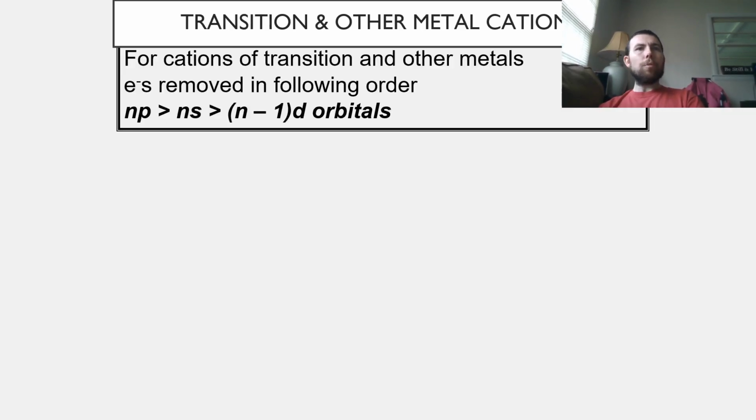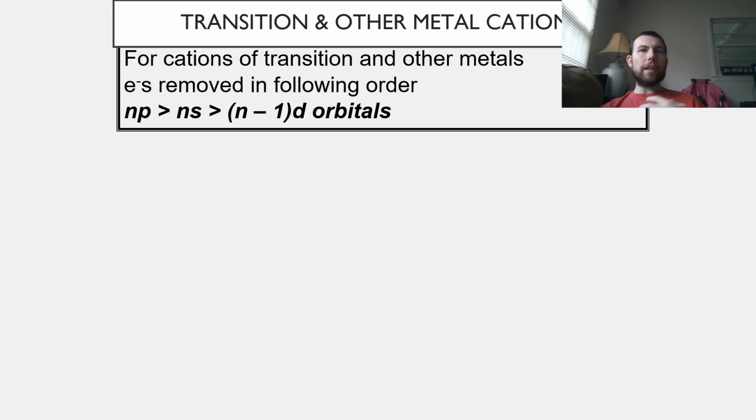Now, I do want to take a moment to talk about our transition metals and other metal cations, because what we saw on the previous slide is that electrons were being removed from those orbitals, but we didn't have any d orbitals that we could interact with.